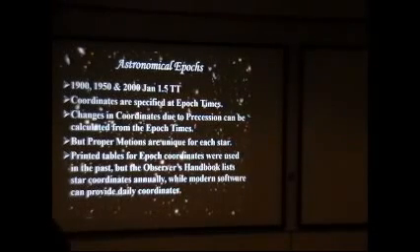But even with people using computers now, there's all kinds of desktop planetarium software out there, where you can calculate, if you want to look for a certain galaxy or a star in the sky, a lot of these programs will just tell you on this particular date, this is what the RA and declination are. So things are a lot easier now for observing thanks to the computer revolution.